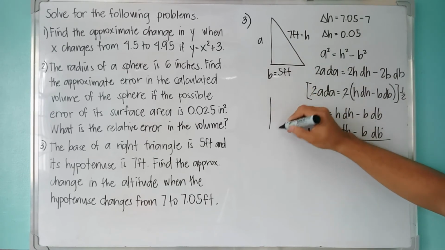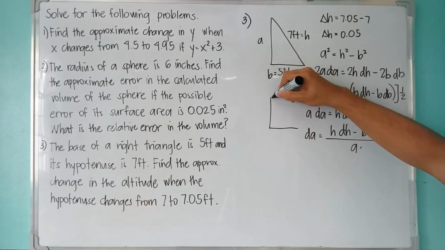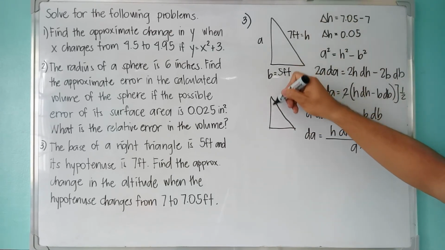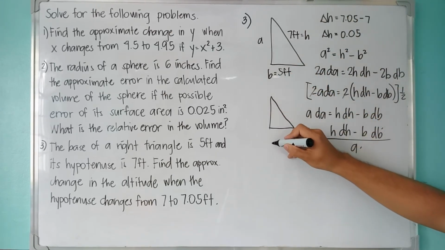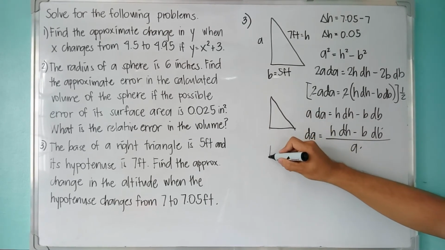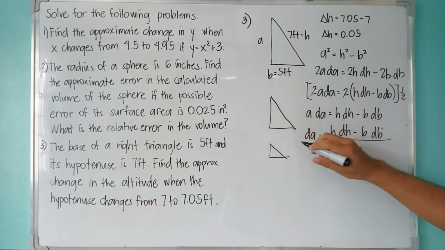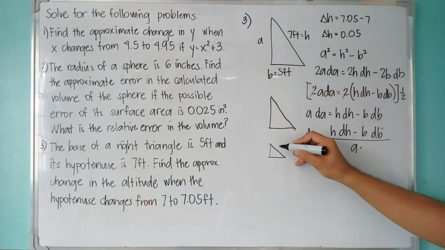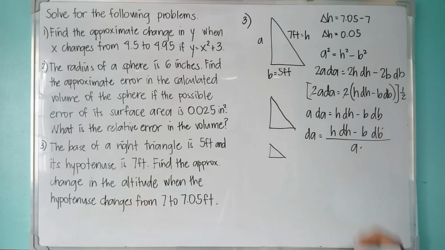So, for example, nagiging ganito, tapos magiging ganito na lang. Habang umikli yung hypotenuse, bumababa din yung height.